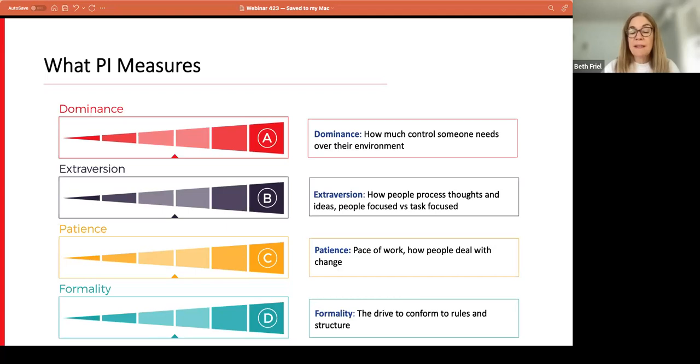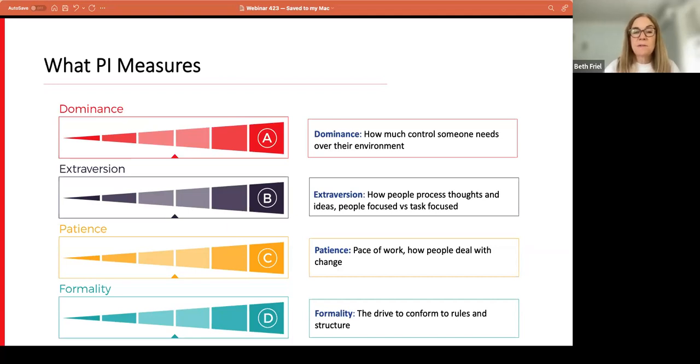And D is formality. So a high amount of D, I like to follow rules. I need some structure. I want certainty when I make decisions. A low amount of D, I'm more flexible. I've got a plan B, if things don't work out, and it's easier for me to make decisions. So those are the 4 primary drives.